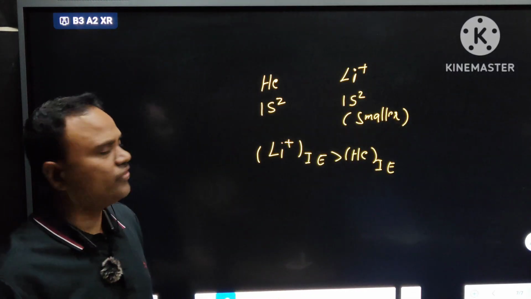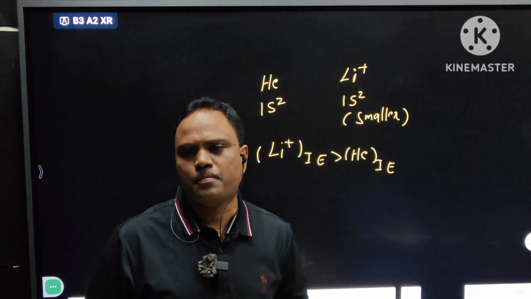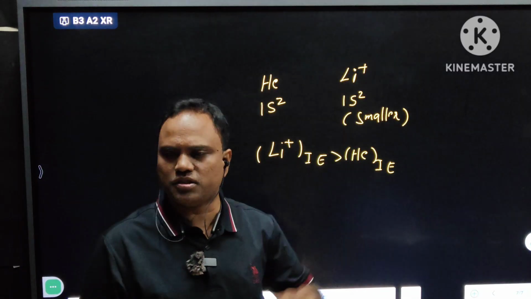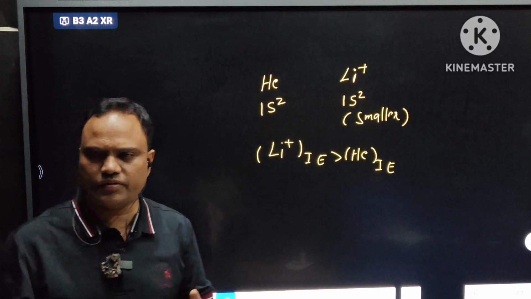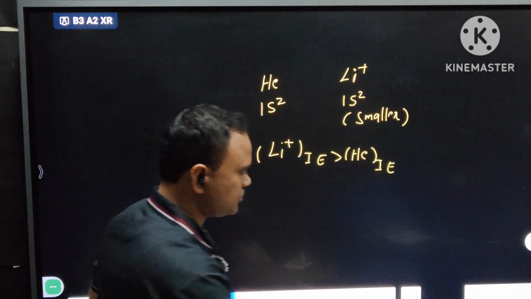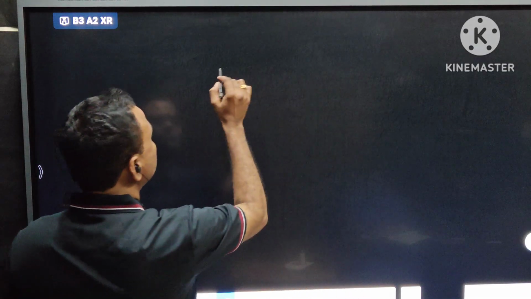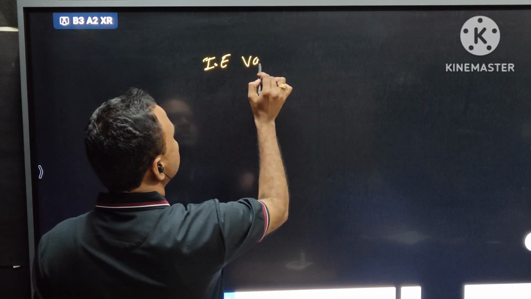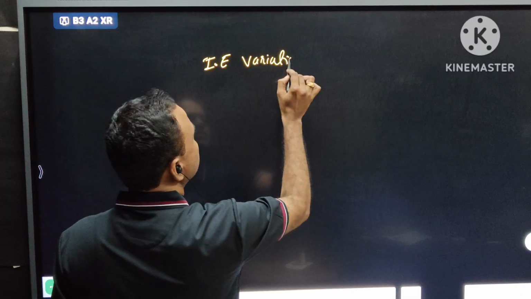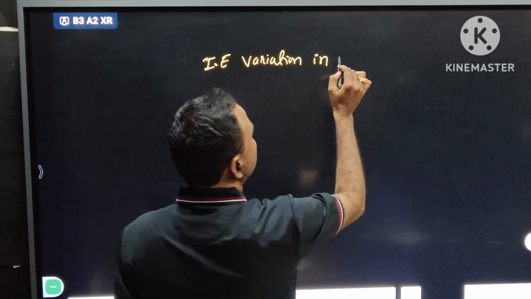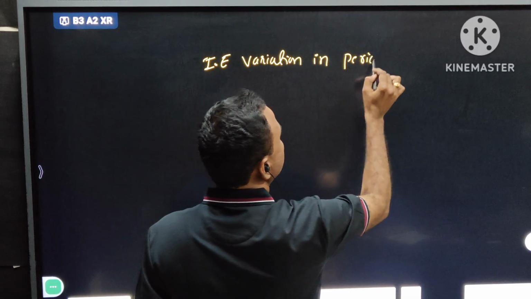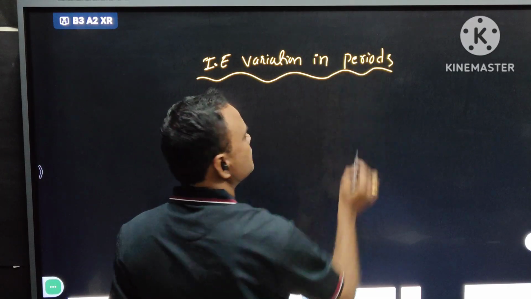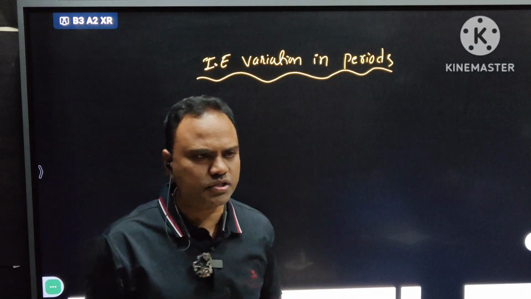Let us start one very, very important example. What happens to the ionization energy while we move from left to right in the periodic table? Let us see this: ionization energy variation in periods, left to right in the periodic table.